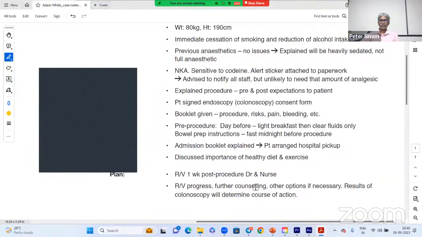Plan. In the plan, what is required? Counseling. Review in progress. Consent form is signed. Booklet is given. Pre-procedure, day before, light breakfast. All these things are given.